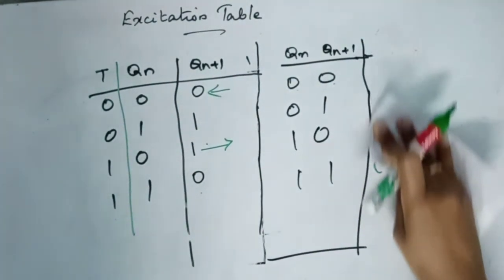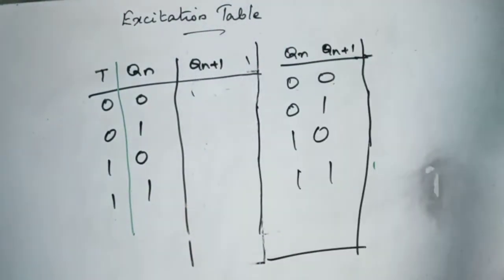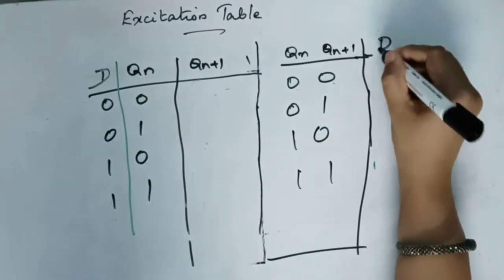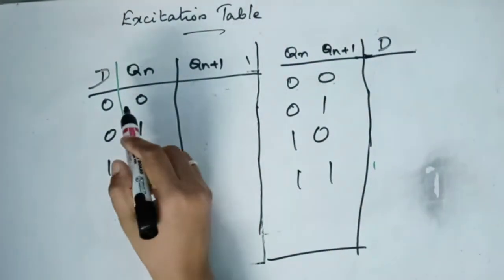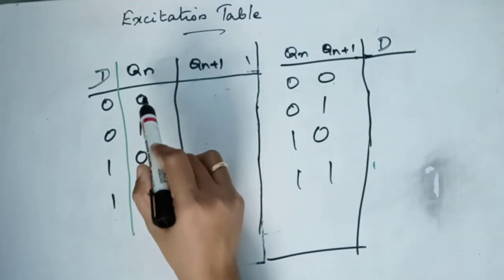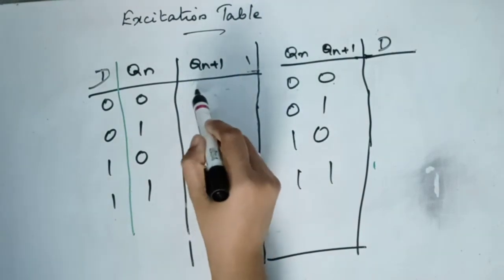And next one is D. What is a D flip-flop? In a D flip-flop, whatever is D, that is Qn plus 1.